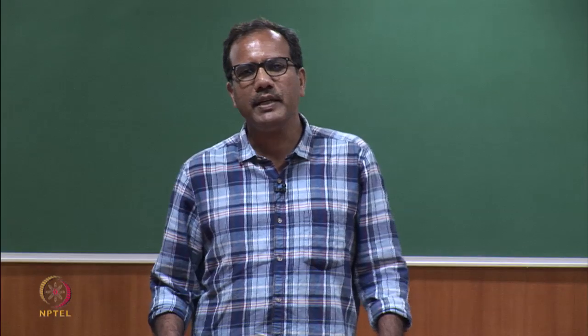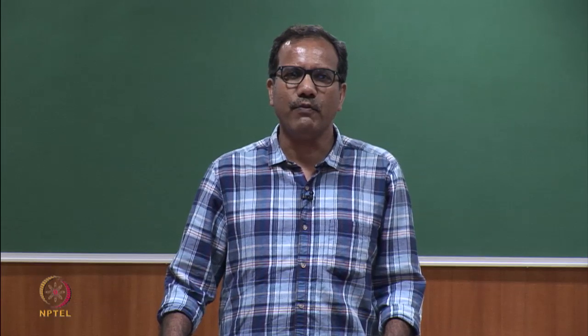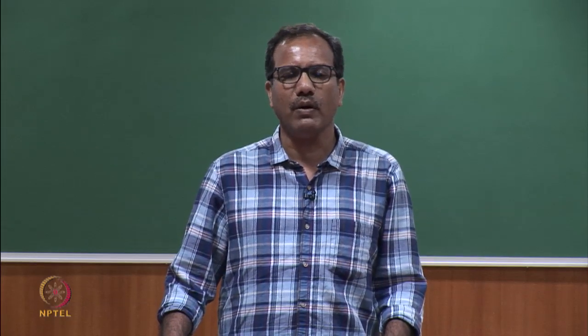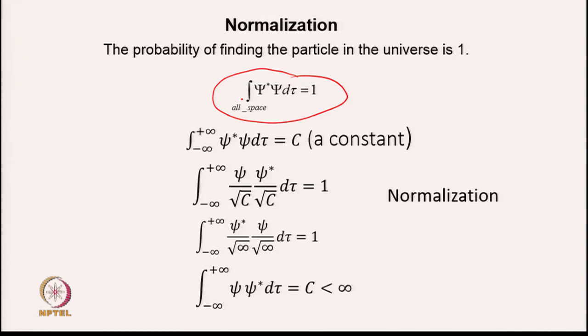The second important point about probability is that if you find the probability over all space, it should be equal to 1. What that means is psi star psi d tau over all space should be equal to 1.